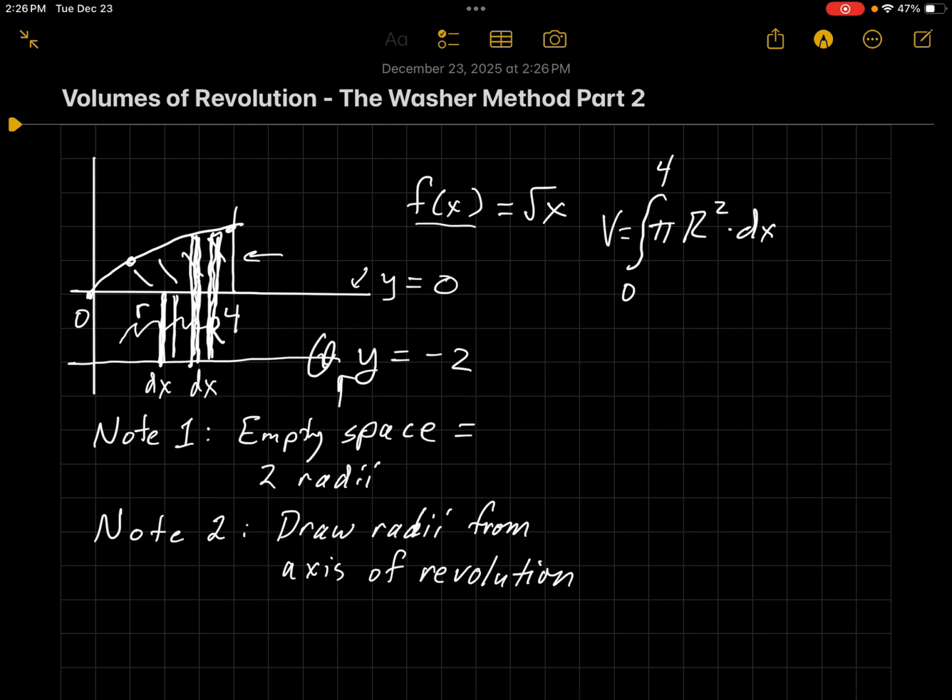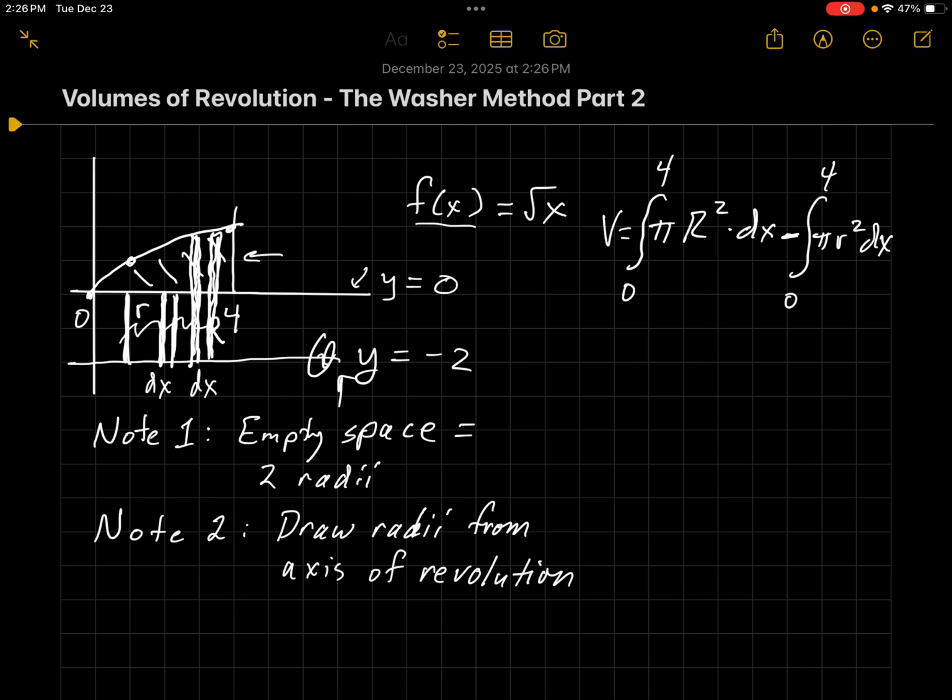And then if I were to revolve all of these little radii starting at x equals 0 and going to x equals 4 around my axis of revolution, I would form a different solid shape. And if I add all those small circular disks together, I will get another volume. To find the volume of what we want, we simply subtract the big volume minus the little volume.